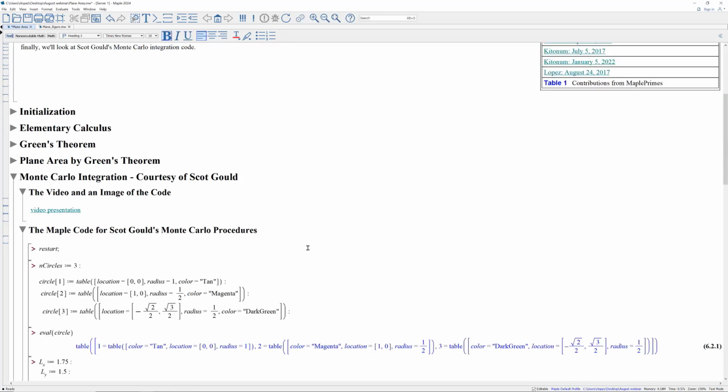Scott's code begins with the definition of the circles. Here's how he represented the circles as members of a table, and he included center and radius as part of the attributes of those table elements.